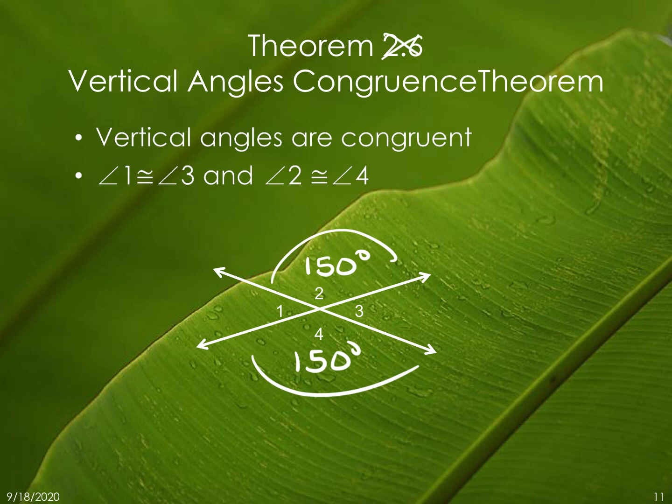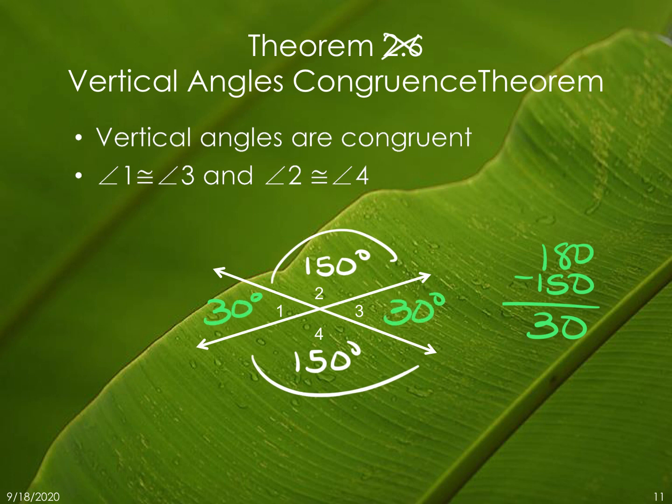And if I wanted to find the measures of angles 1 and 3, notice 1 and 2 are a linear pair. They're going to be supplements. So if I wanted to find the measure of angle 1, all I have to do is 180 minus 150, and that's going to give me 30, which will also be the measure of angle 3.